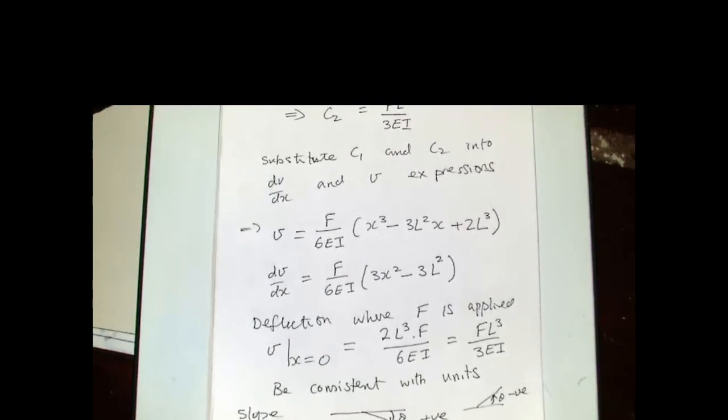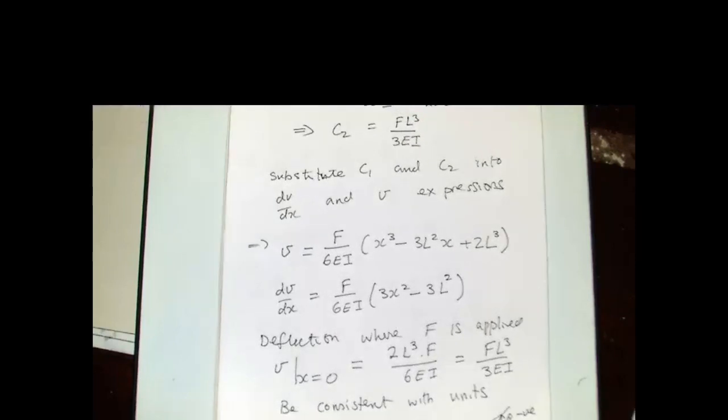To increase I, you have to change the size of whatever cross section you are using.